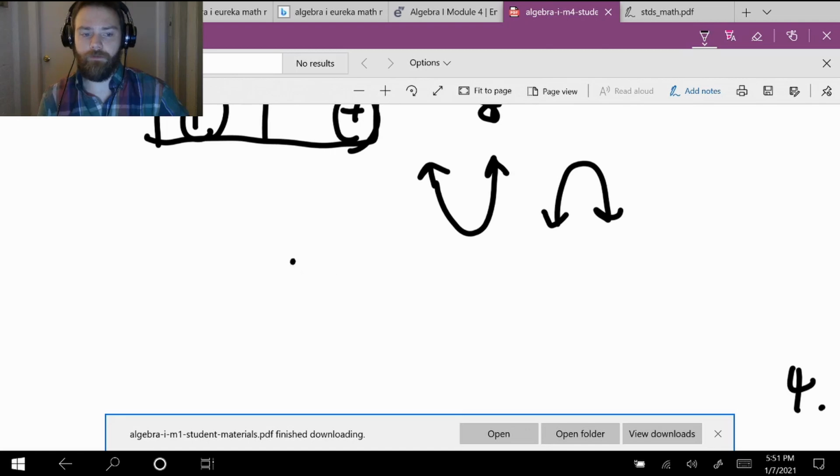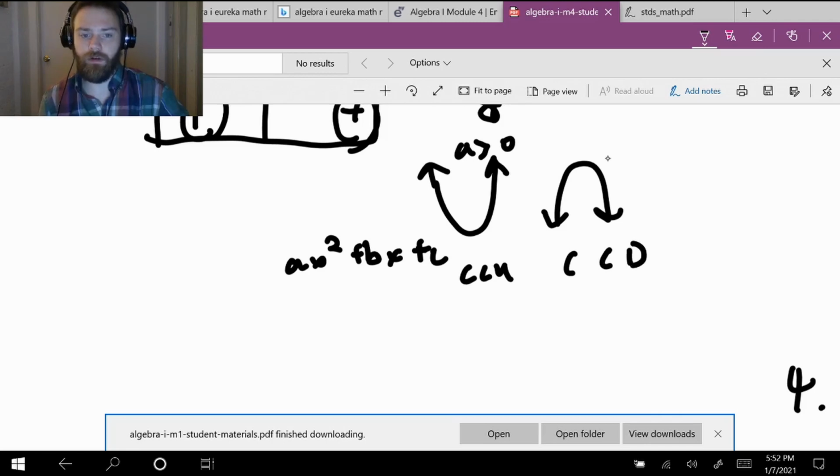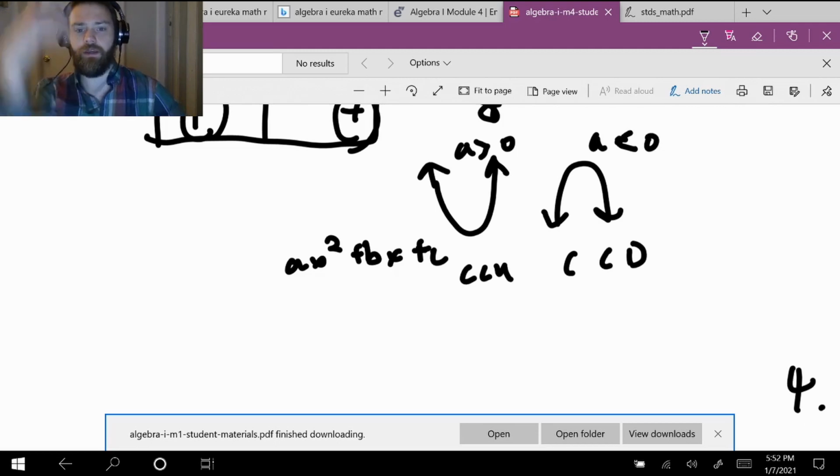Whenever you're looking at the standard form of a quadratic, ax squared plus bx plus c, you can tell they bend up, or are concave up, if a is positive. And you can tell they're concave down when a is negative, okay? So they will bend down like this if a is negative. They will be concave up if a is positive, like a U version of the quadratic.